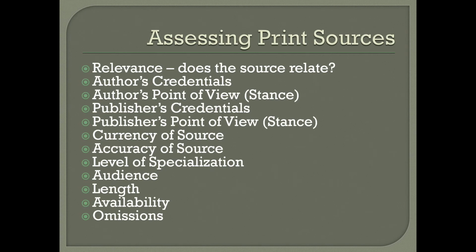And then omissions. What is omitted from the print sources? Omissions can be just as harmful to our research and to the use of a source as things that are included in the source. So we need to look for what things are not talked about.